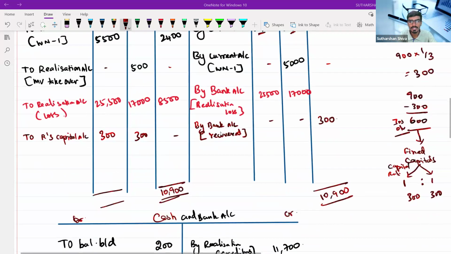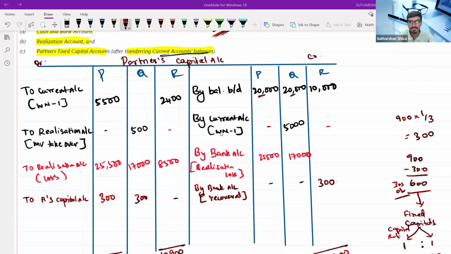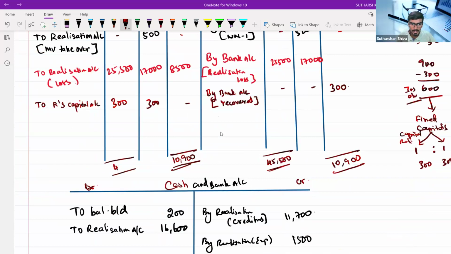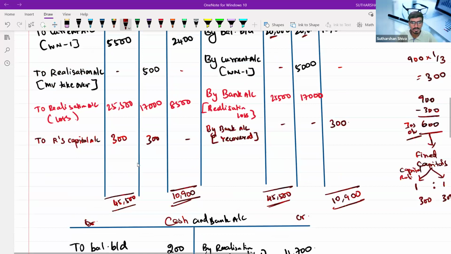Which side is higher? Credit side. What is the value? 45,500. If I subtract, what is the value I am getting? 14,200.